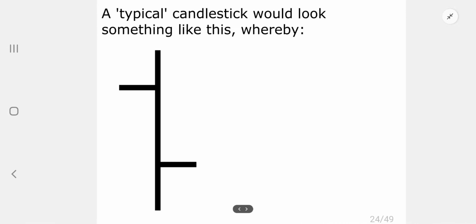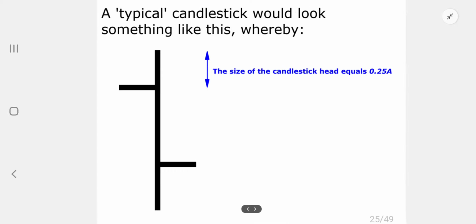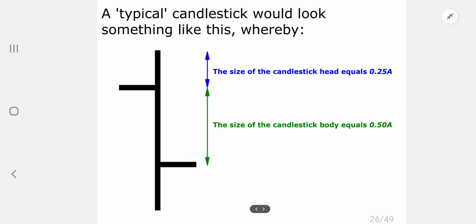A typical candlestick would look something like this, whereby the size of the candlestick head equals 0.25 times A. The size of the candlestick body equals 0.5 times A. And the size of the candlestick tail equals 0.25 times A.